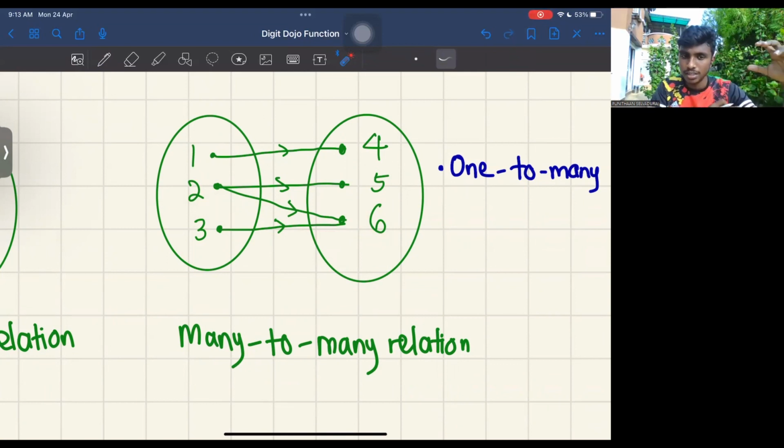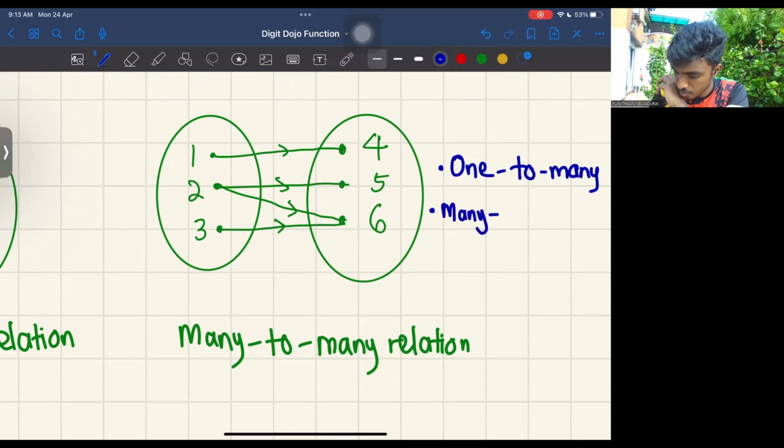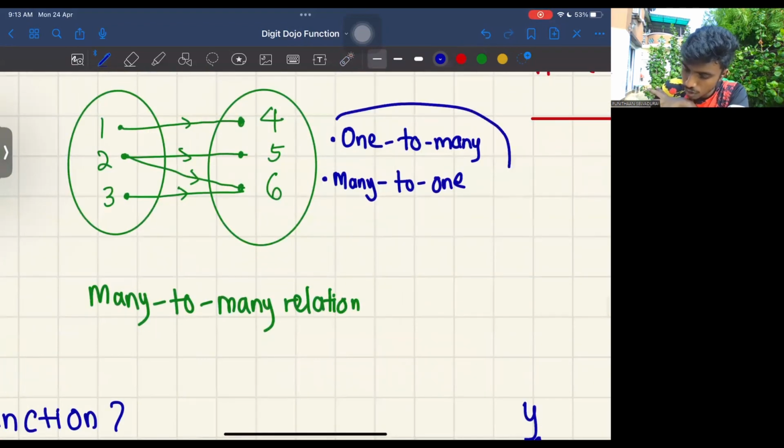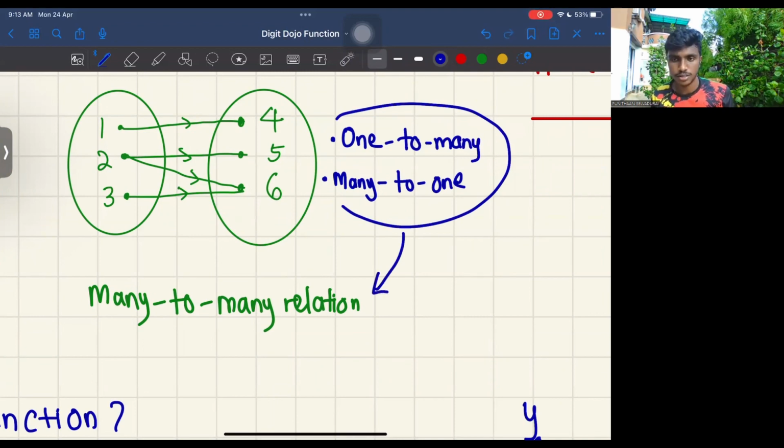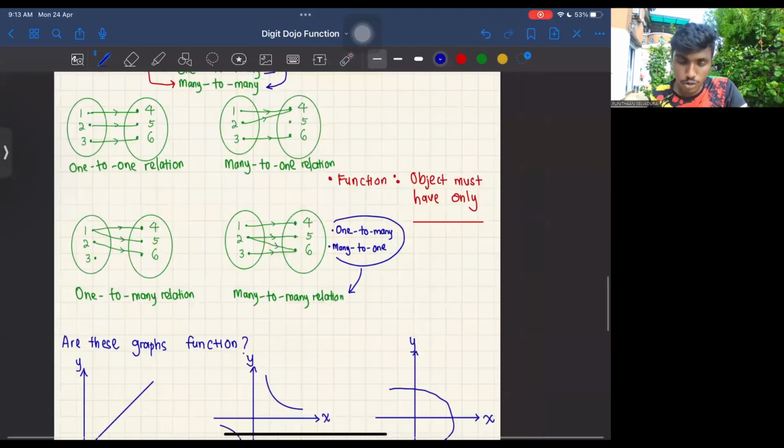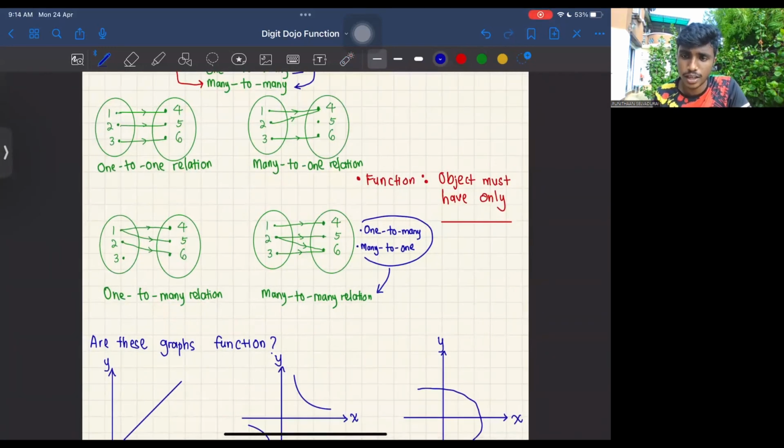Means many to 1. So that is many to 1. Okay, so when you can see both of them in one relation, it's called a many-to-many relation. Easy to conclude. We can conclude using this arrow diagram.